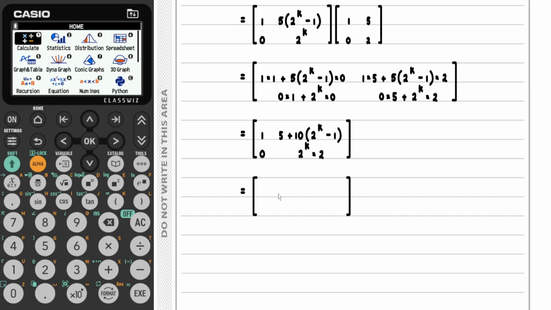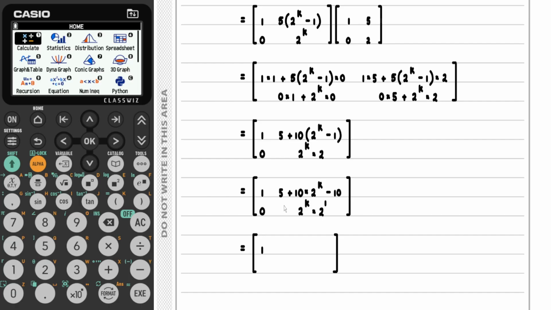Continuing working this out, we've got 1, and then here we've got 5 plus, now I'm going to multiply the 10 into this bracket, so I've got 10 times 2 to the k subtract 10, then we've got 0, and then we've got 2 to the k times 2 to the 1. 2 is the same as 2 to the 1.